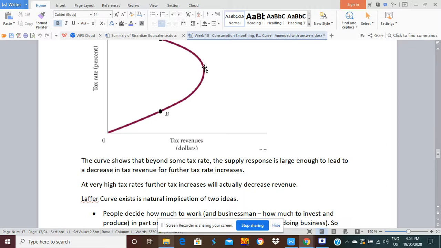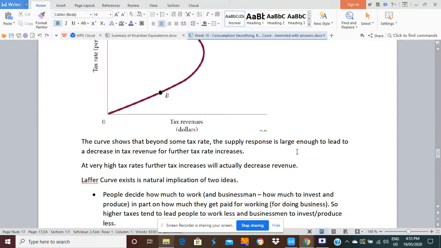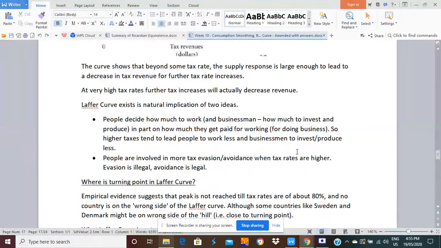So even at a high rate, there will be a point of Laffer. For example, it would be irrational and insane if paying 80% of tax on your income was just too high. So therefore, the government needs to know where to stop, and the point where to stop is around there. Let's scroll down.